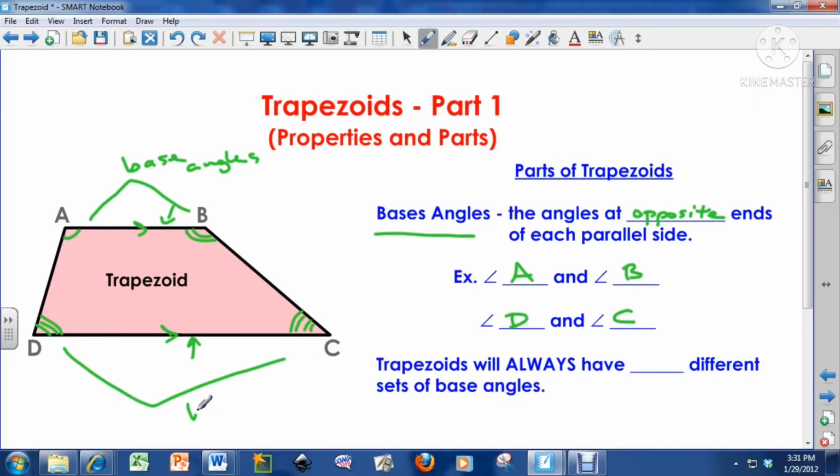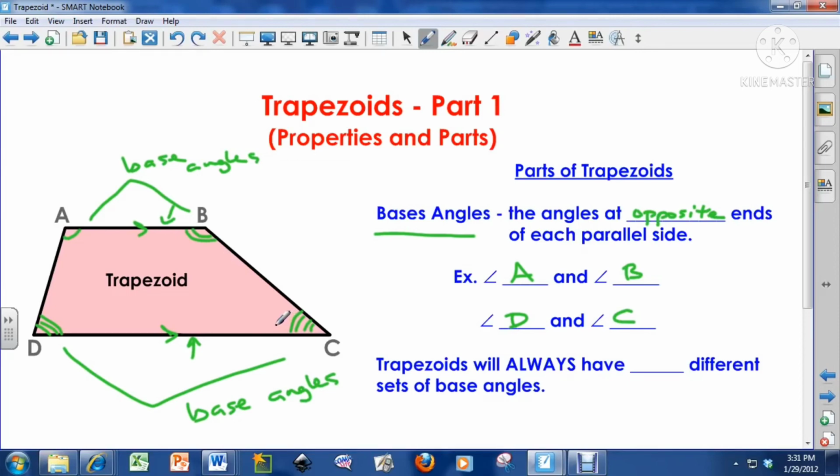A trapezoid will always have how many different sets of base angles? Yes, we have to write two sets. AB is one set, DC is another set.